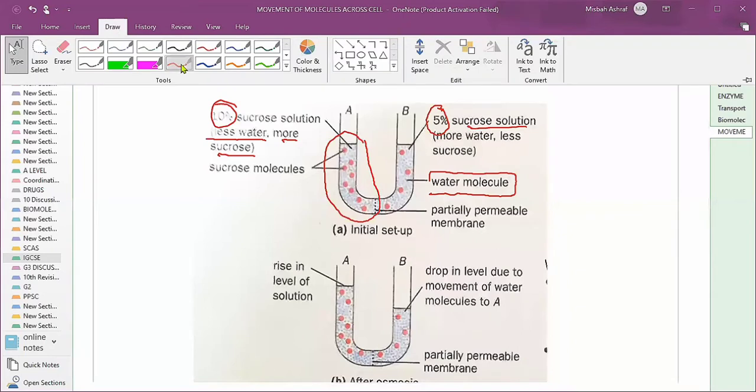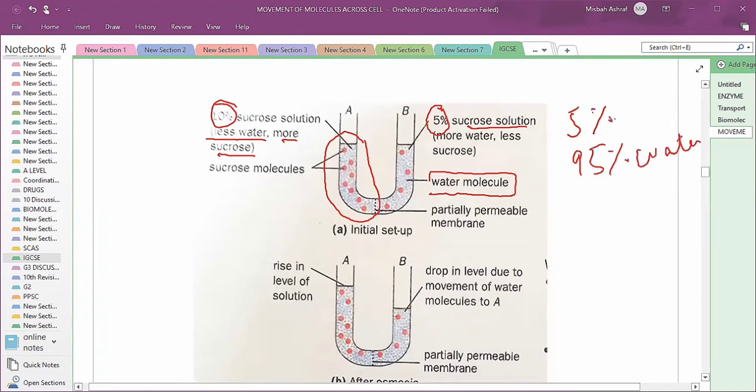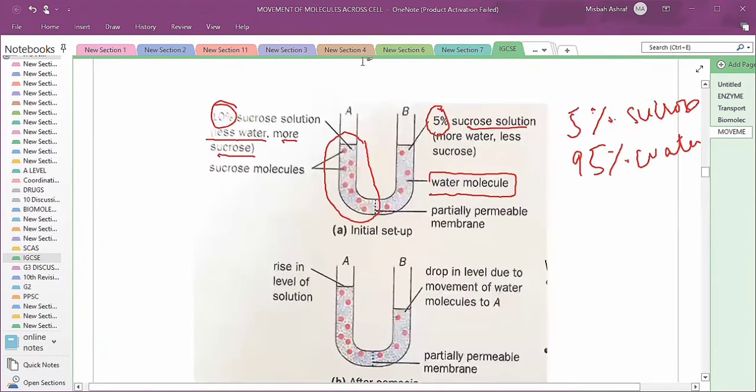And on the left side, there is 10% sucrose, so 90% is water.